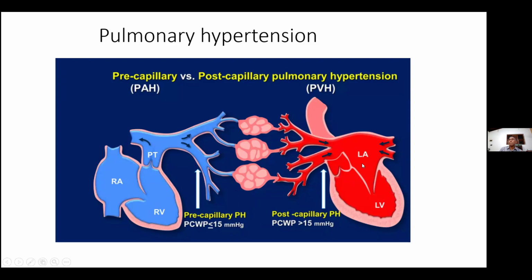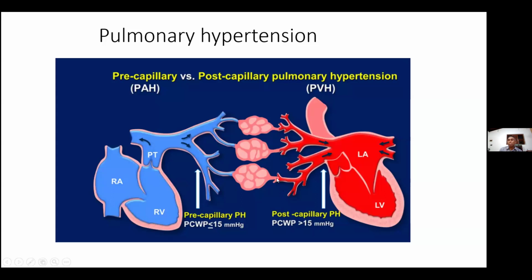For example, severe mitral stenosis, increased LA pressure, increased pulmonary venous pressure, and this will cause back pressure in the pulmonary arteries, and that causes pulmonary hypertension. So in that case, you measure the pulmonary capillary wedge pressure, that is mentioned as PCWP.